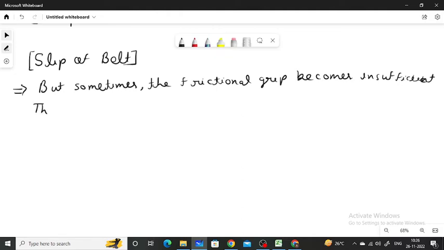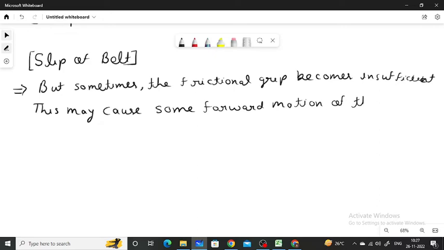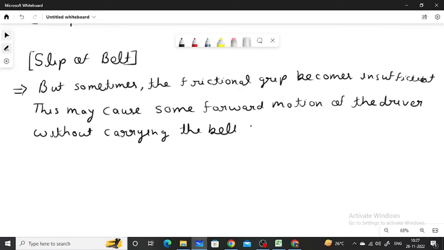This may cause some forward motion of the driver without carrying the belt with it.